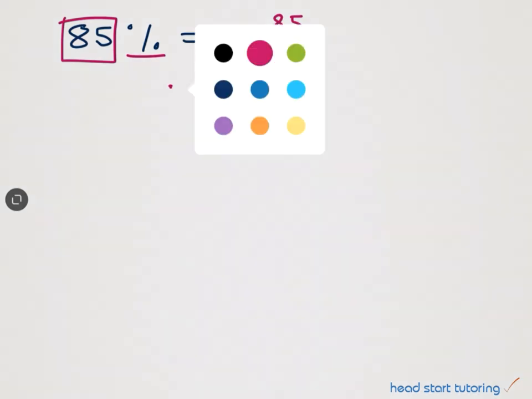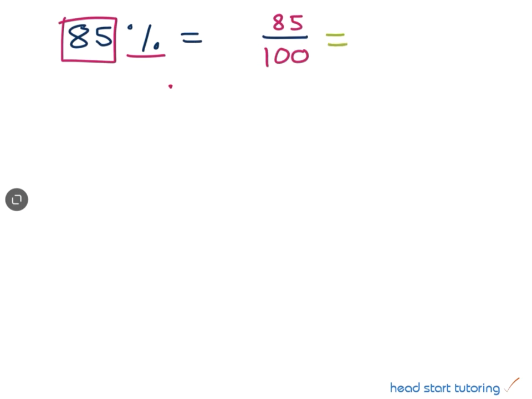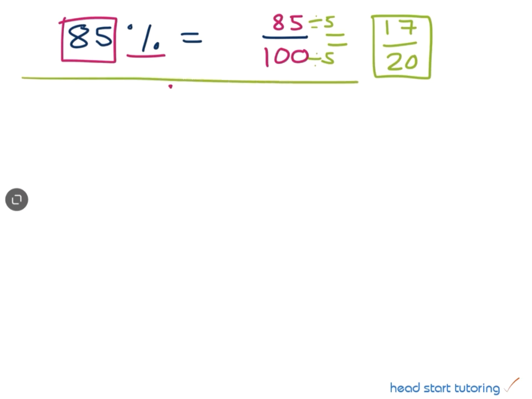And all we need to do now is simplify this fraction. So we divide both 85 and 100 by 5. And we end up with 17 over 20. So 85% as a simplified fraction is 17 over 20.